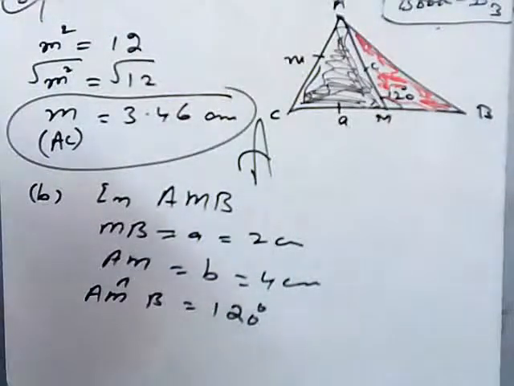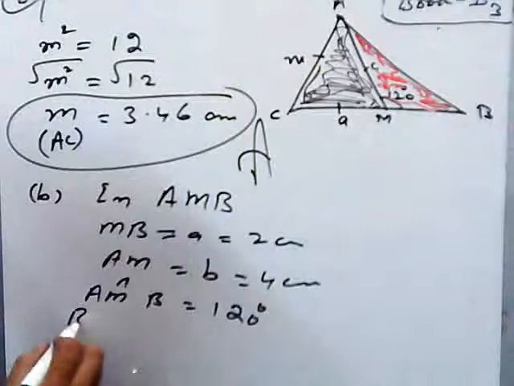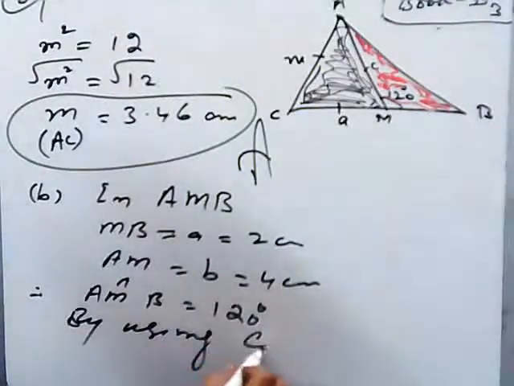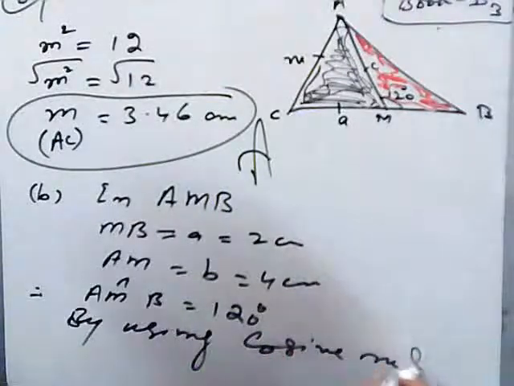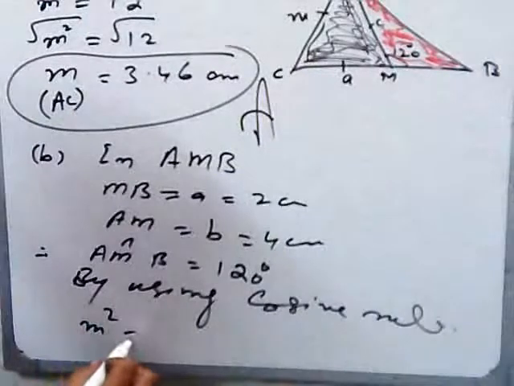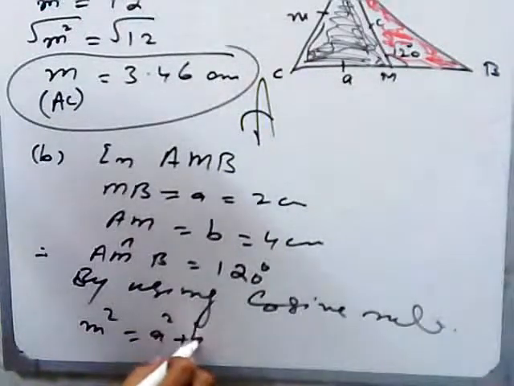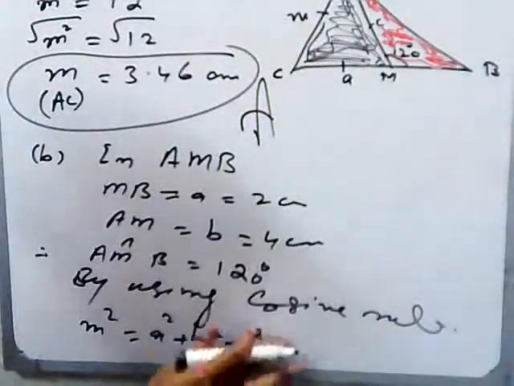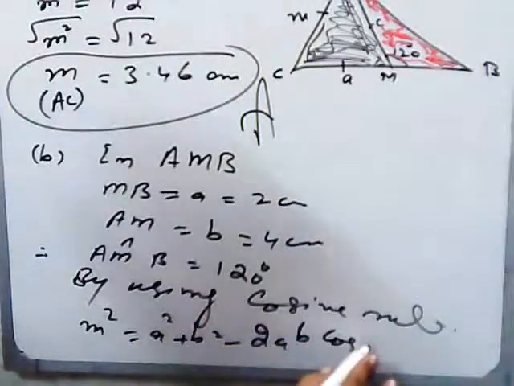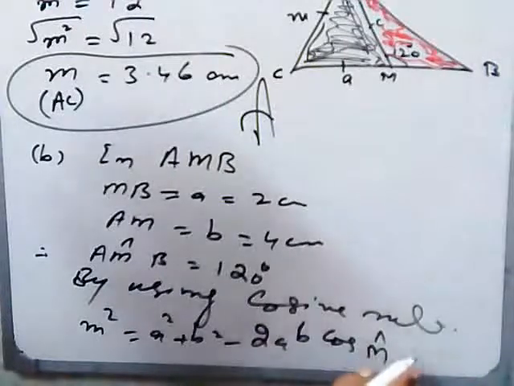So by using the cosine rule, that is m square is equal to a square plus b square minus 2ab cos m, that is your angle.